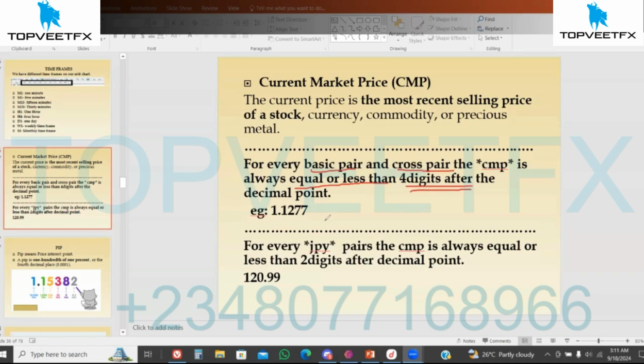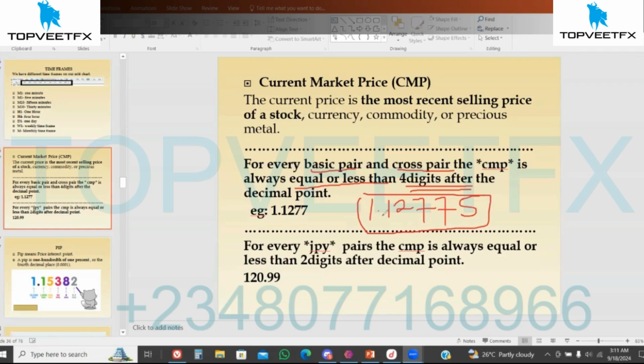For example, they give us a price, let's say 1.12775. Now, according to the definition, for every basic pair and cross pair, the current market price is always equal or less than 4 digits after the decimal point.